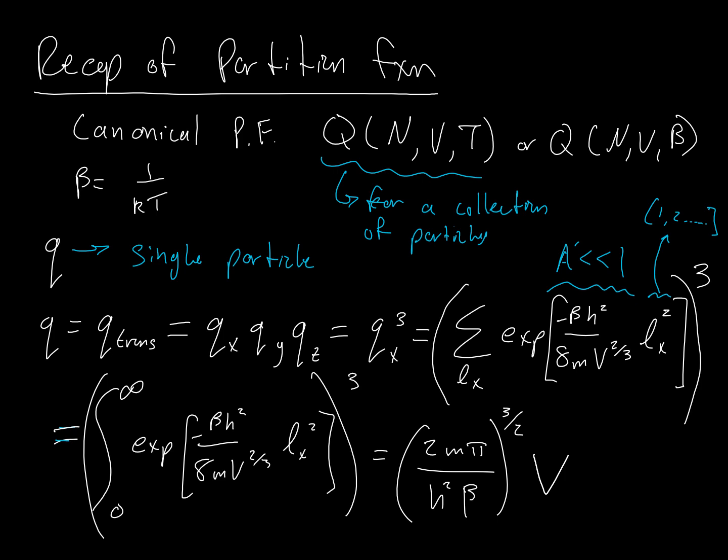Okay, so this is our single particle partition function. The next action was to scale it up, not for one particle, but for a collection of particles of an arbitrary number N. So to go from a single particle to a collection of particles, if they are completely non-interacting, the position and the properties of one particle is completely independent from all the other particles, then that's where we get this q to the N power.